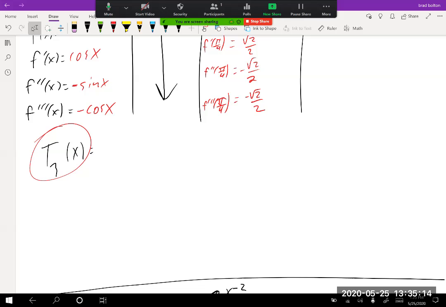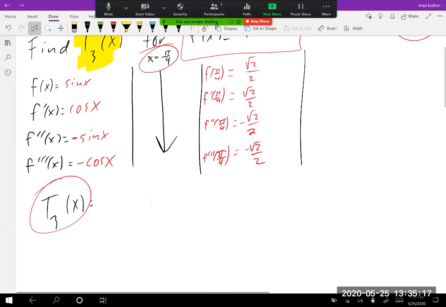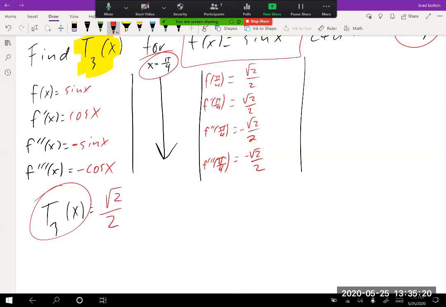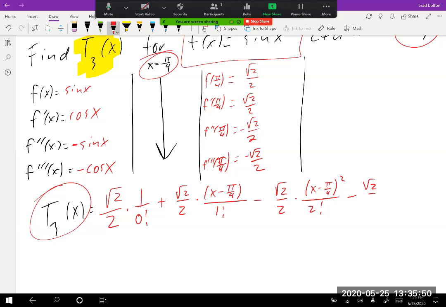We know that we're going to have f of pi over 4, which is square root 2 over 2 times 1 over 0 factorial, plus square root 2 over 2 times x minus pi over 4 all over 1 factorial, minus square root 2 over 2 times x minus pi over 4 squared over 2 factorial, minus square root 2 over 2 times x minus pi over 4 cubed, and that's where we get our third from, right?